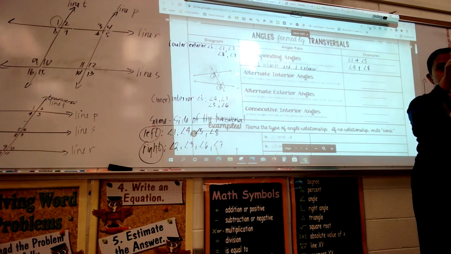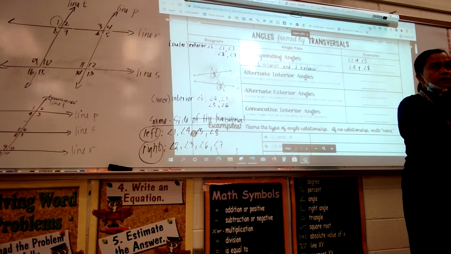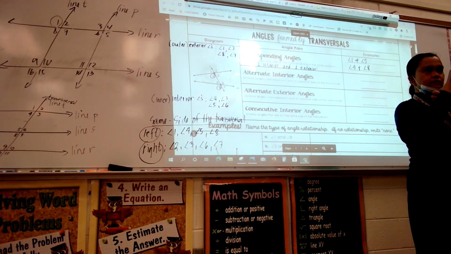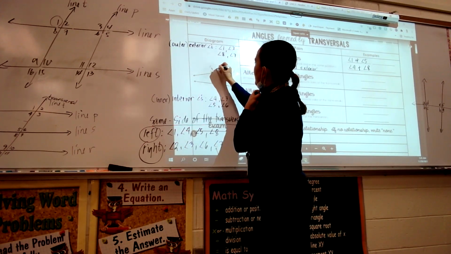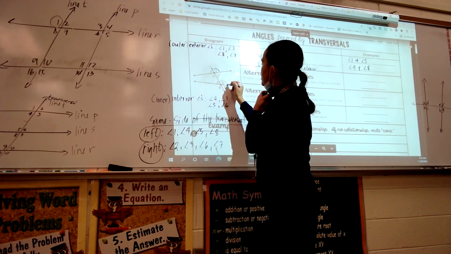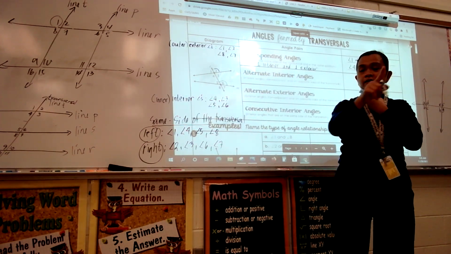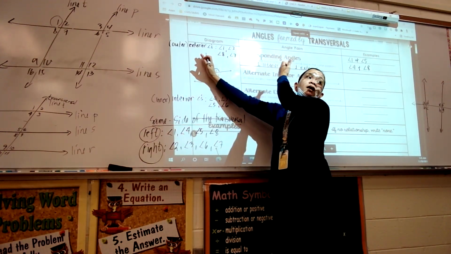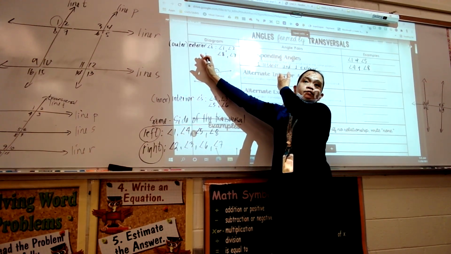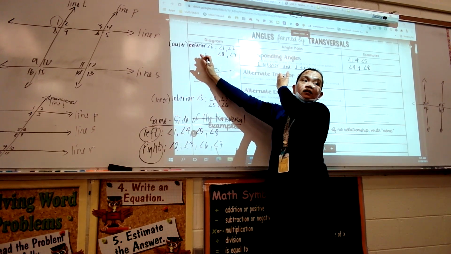There are two more. Give me one more pair. Angle 2, angle 6. Which means they are on the upper part, but this time on the right part of the transversal. Make sense?